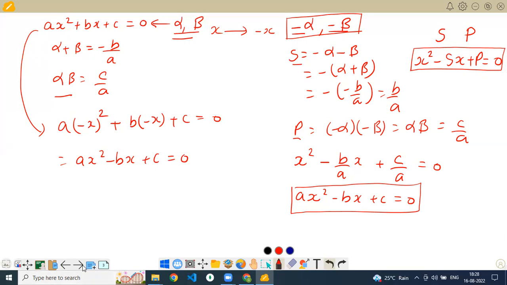Okay, let's do another question. Alpha and beta are roots of this equation ax square plus bx plus c is equal to 0. We have to find the equation whose roots are 1 upon alpha and 1 upon beta.